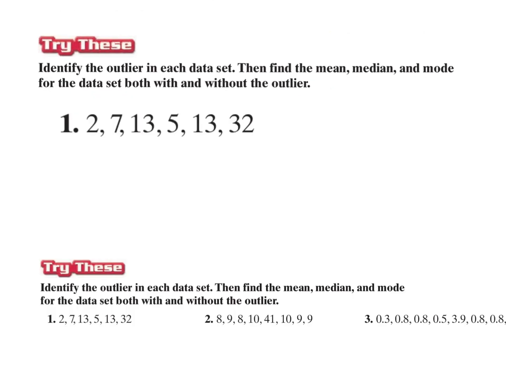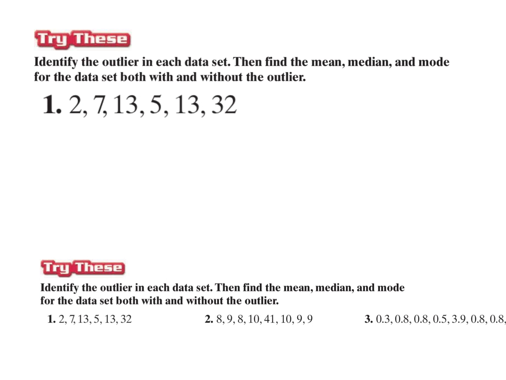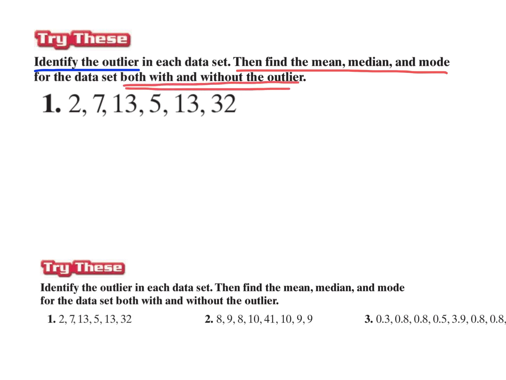So if we look at this problem, we're going to look at number 1. First, they want us to identify the outlier. And then they want us to find the mean, median, and mode, both with and without the outlier. So we actually have 7 different answers on this problem. What is the outlier?